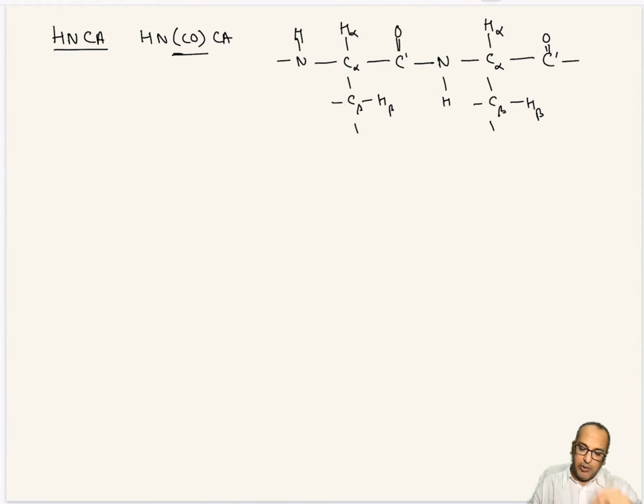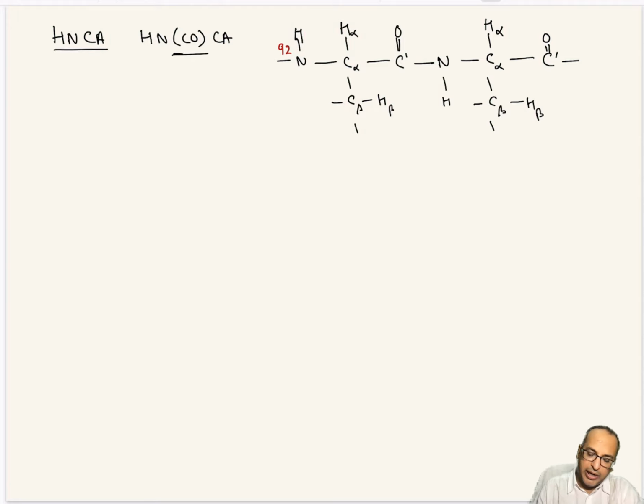So I'll also write down the typical coupling constant values which are used for various transfers of polarization. So you know how in INEPT we can use transfer of polarization, which basically uses the scalar coupling constant. These are typical values of these scalar coupling constants, and I'm ignoring the sign.